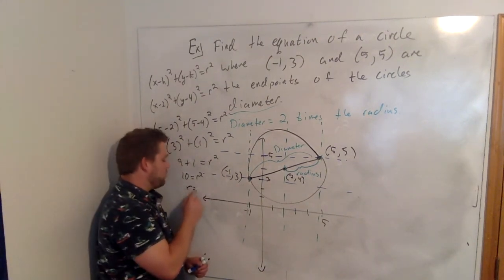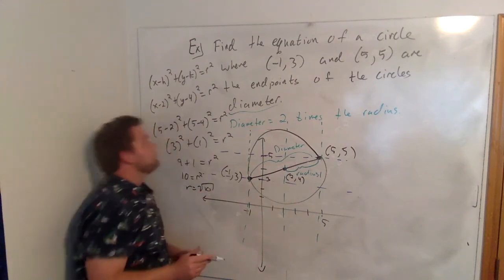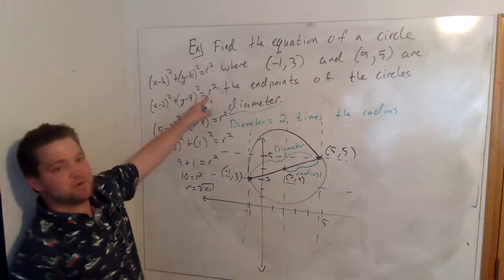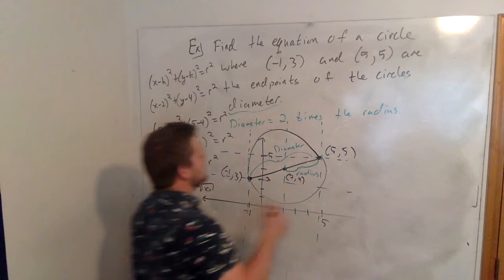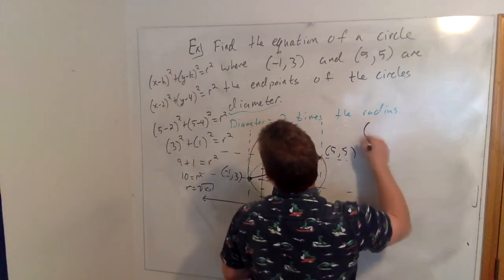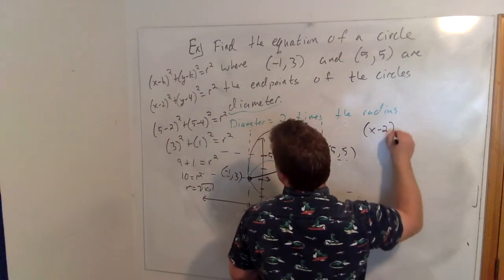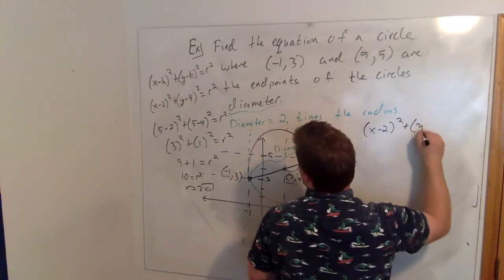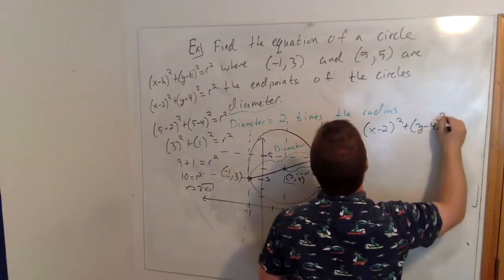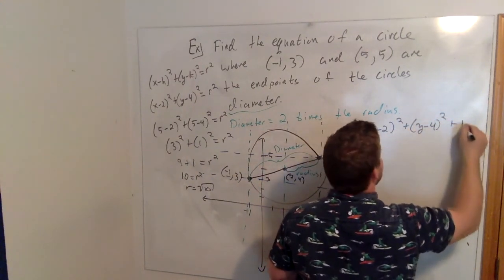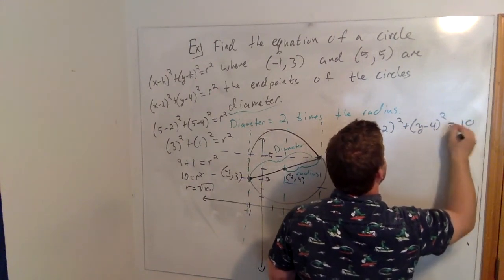I guess r will be equal to the square root of 10. But the equation wants the r value squared. So the equation of the circle should be (x minus 2) squared plus (y minus 4) squared equals 10.